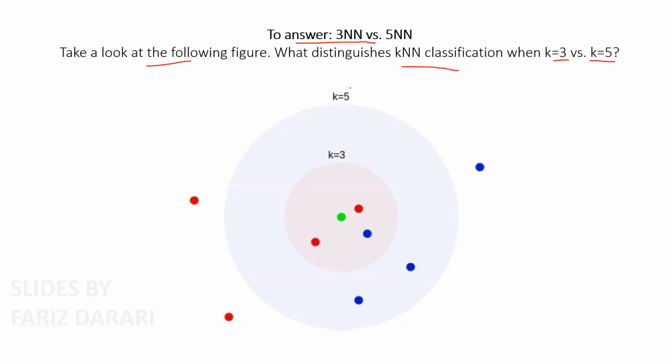It might be a bit tricky. Does it include the green one? Maybe not, because the green one doesn't have any neighbors yet. It's a tricky question. What happens when k equals n?